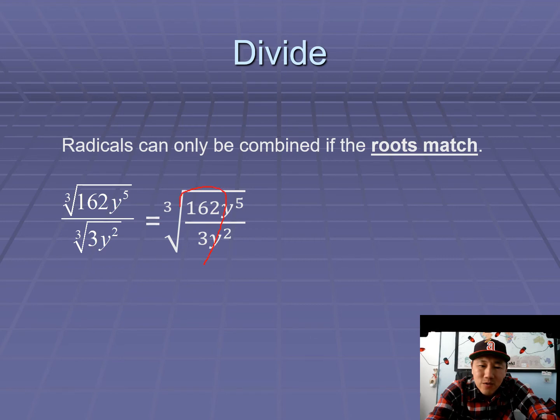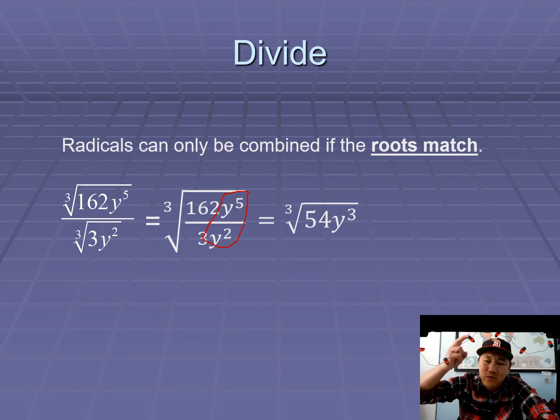You can go ahead and do 162 divided by 3. That gives us 54. And then y to the fifth over y to the second. Remember, there's a rule where you subtract the exponents, so it ends up to be y to the third power.